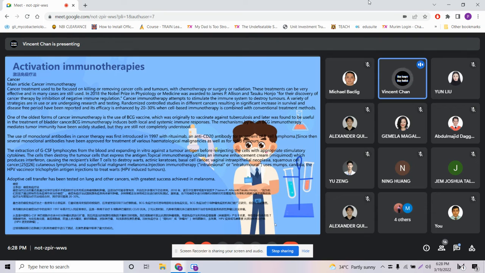Cancer immunotherapy attempts to stimulate the immune system to destroy tumors. A variety of strategies are in use or are undergoing research and testing.